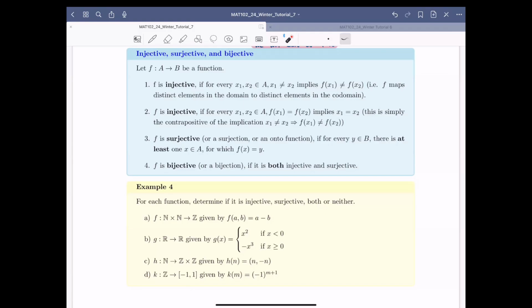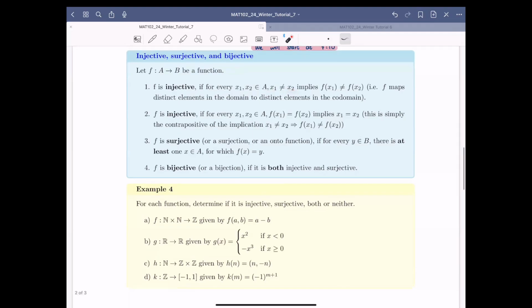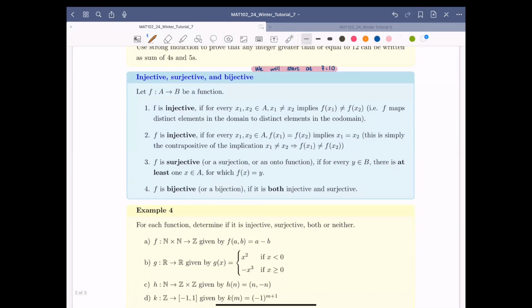Now let's actually talk about it. First of all, injectivity, the definition. You can see that there are 2 definitions here. The first one says, for every x1, x2 in A, the domain, x1 does not equal x2. Which means that if I draw a graph, let's say I draw some random function here. This is f of x, and you pick 2 x values that don't equal each other.